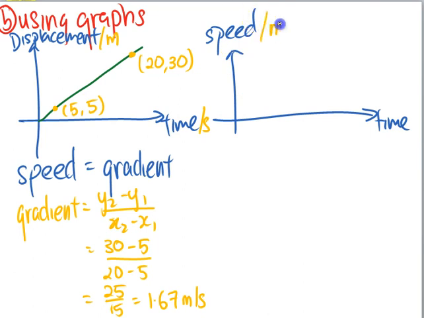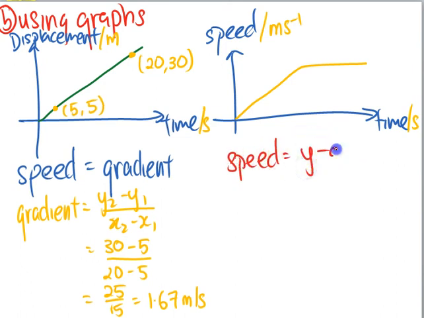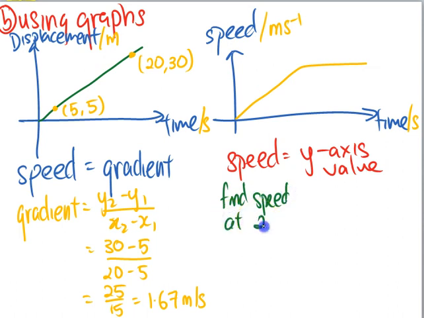Now, how about the speed time graph? For the speed time graph, you're going to get a graph that looks something like this. Here, the speed is just the y-axis value, because this is a speed time graph. So let's say I want to find the speed at 20 seconds.